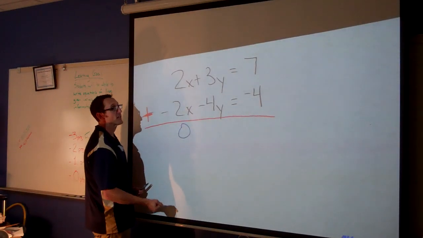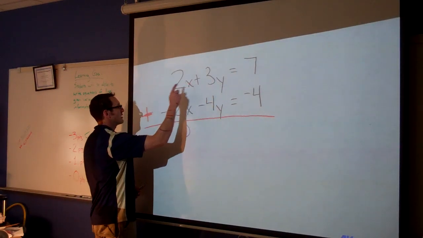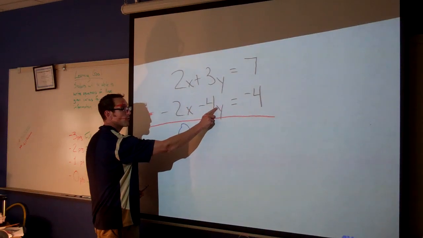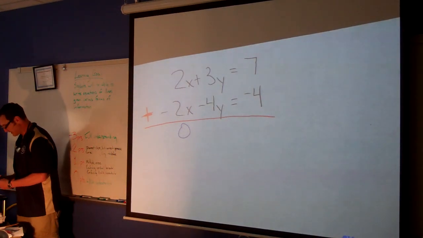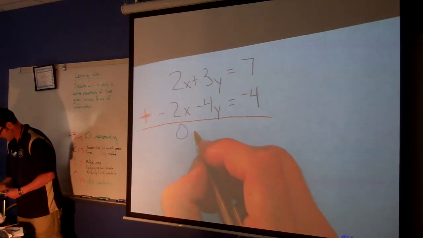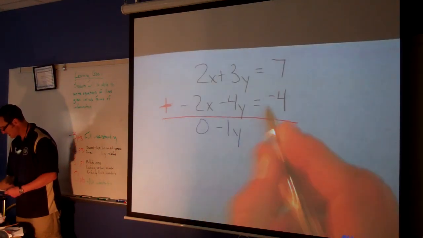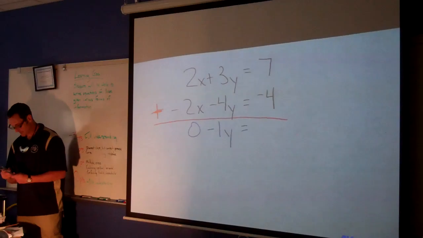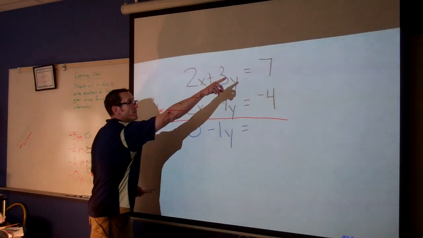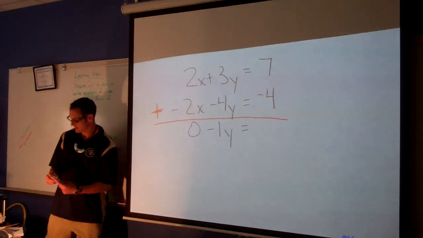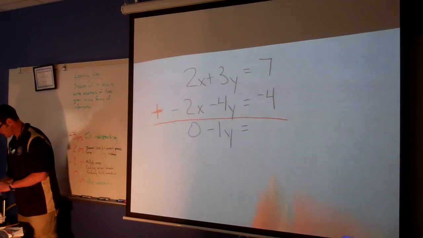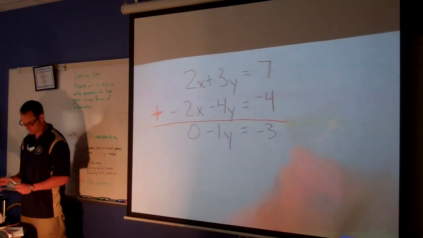I'm going to add straight down. 3y plus negative 4y gives me a negative 1y. My equal sign stays there. And then I have 7 plus negative 4, and 7 plus negative 4 gives me negative 3.